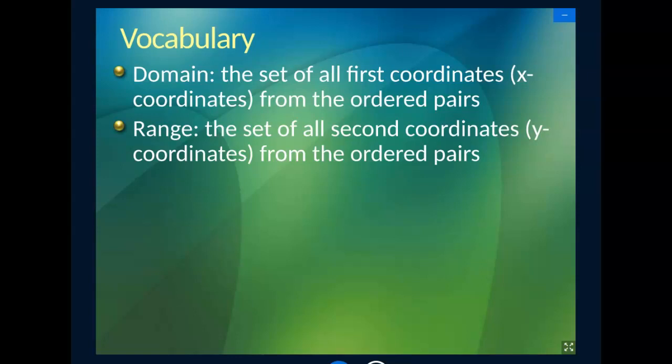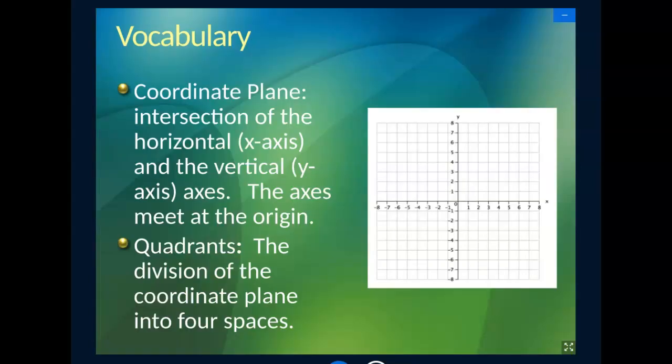Good? Okay. So then you have a coordinate plane. A coordinate plane is the intersection of the horizontal and vertical axes. The origin is the point at which these axes meet.